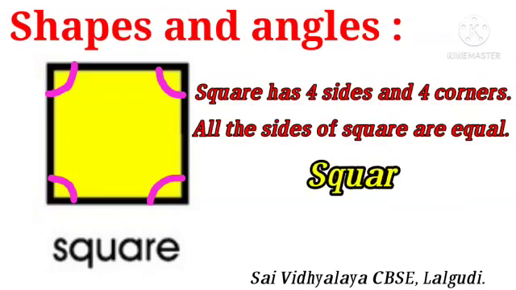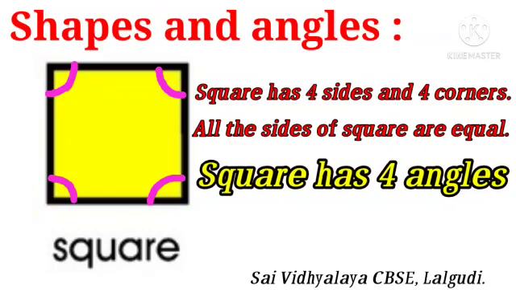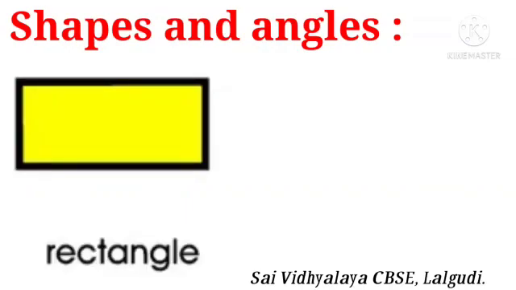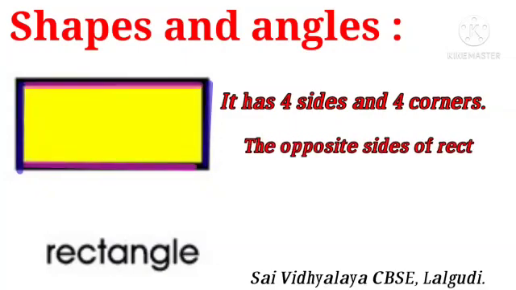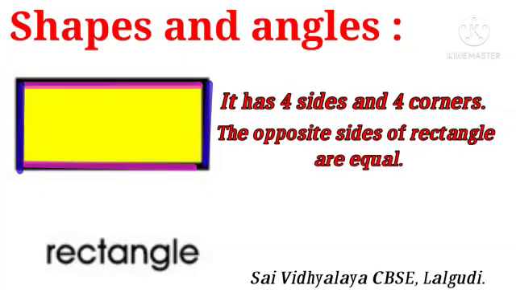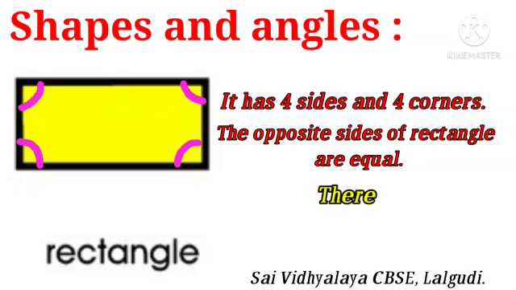Square has 4 angles. Next, rectangle. Rectangle has 4 sides and 4 corners. The opposite sides of the rectangle are equal. Now, draw angles inside this rectangle. 1, 2, 3, 4. There are 4 angles.